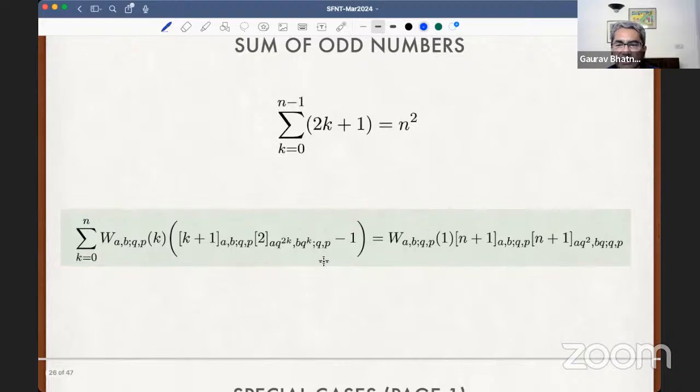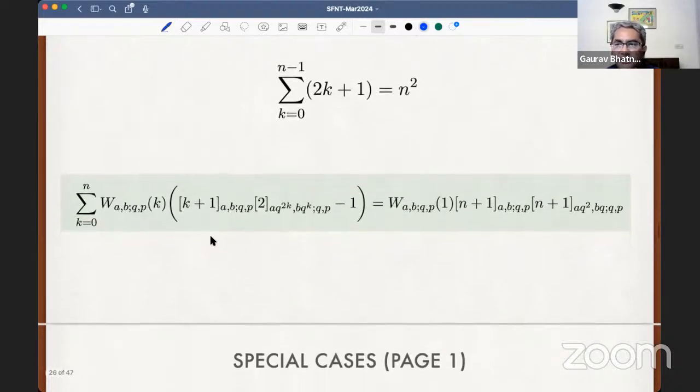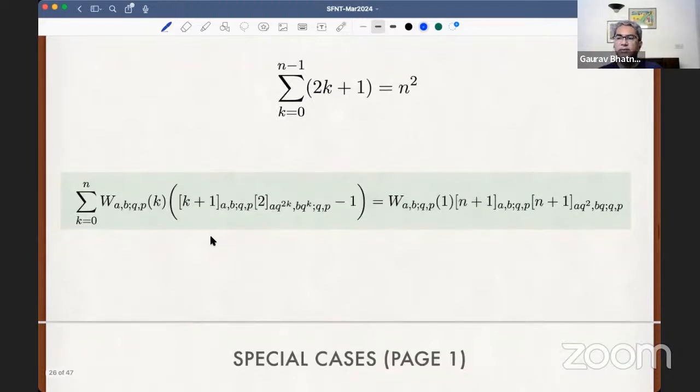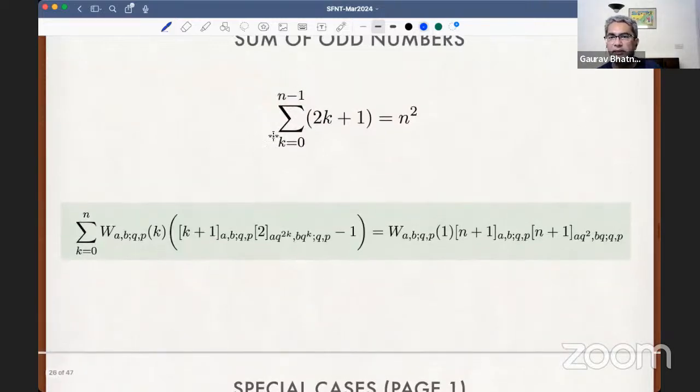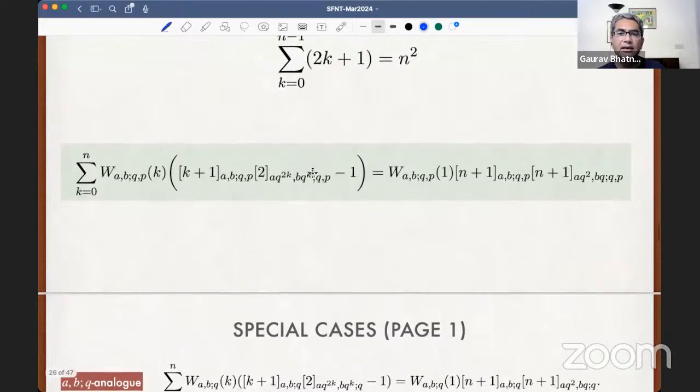This is the generalization with the weight function which I described. And I just want to go over some of the special cases so that you know what we have got over here. The proofs are pretty much trivial, straight from telescoping. They are set up for telescoping, in fact.